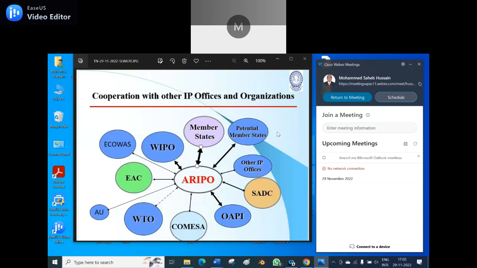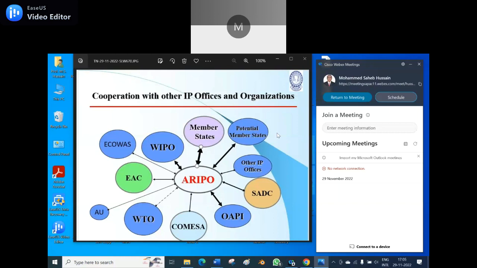This is one of the offices like ARIPO, and it serves French speaking countries, mostly in Western Africa. Then COMESA is one of the organizations attached to ARIPO, as are the WTO, World Trade Organization, the AU, African Union, EAC, and later the ECOWAS and WIPO.